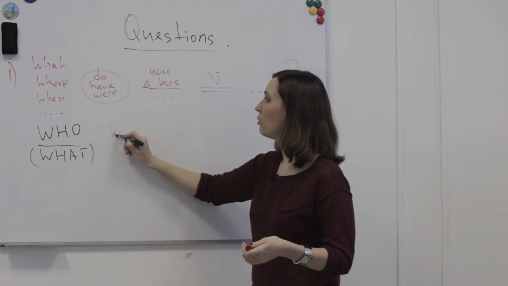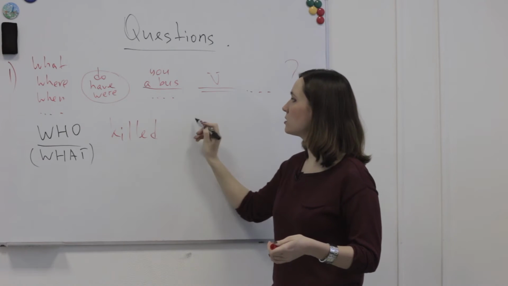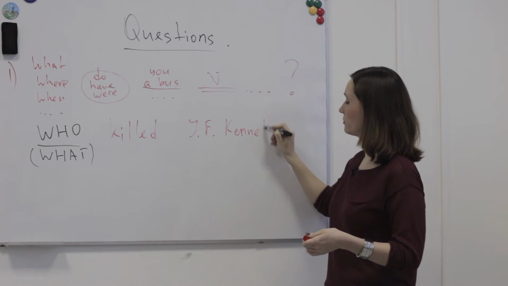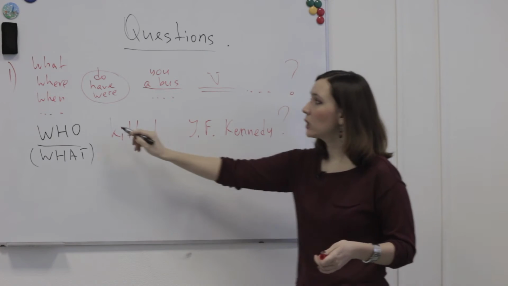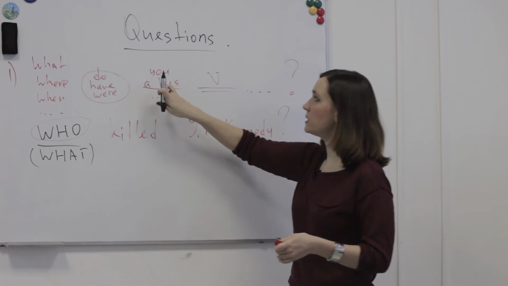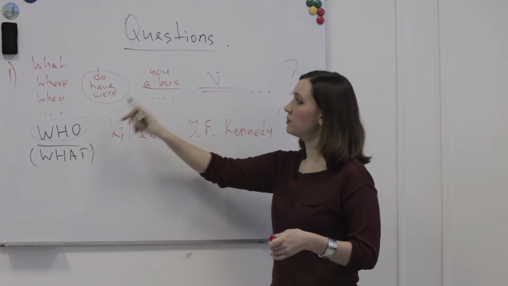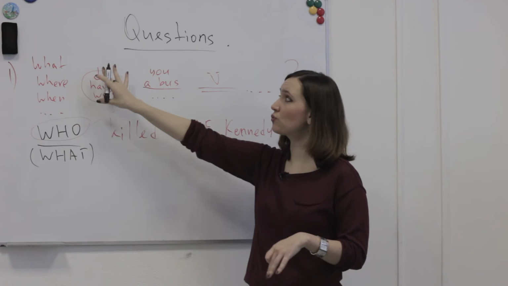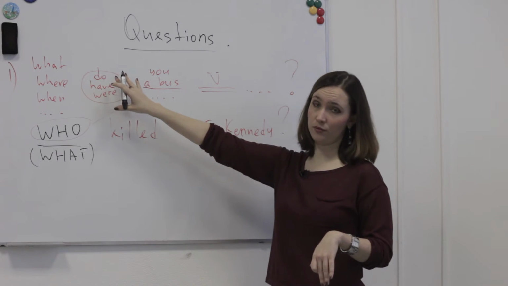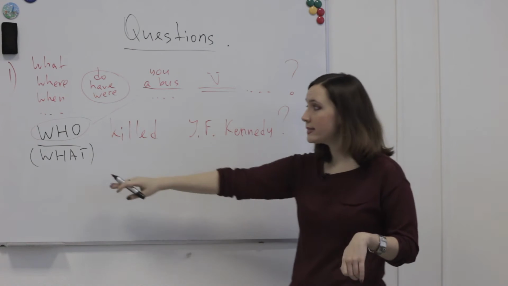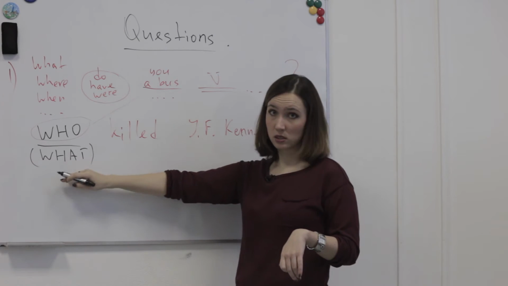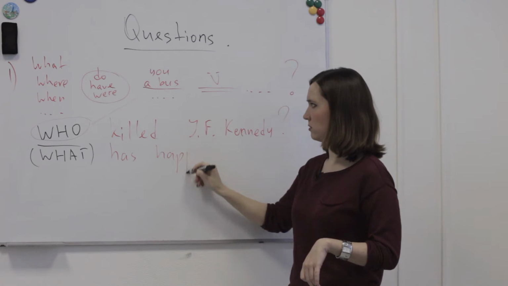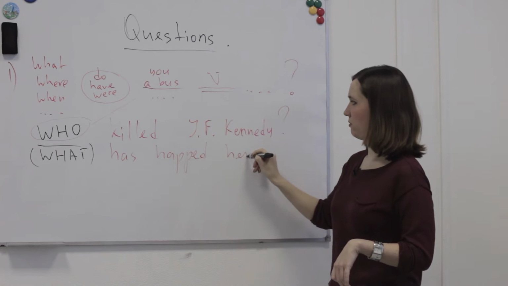So who killed J.F. Kennedy, for example? Because who is this part. It's the main subject of the sentence. In that case, this rule for the necessary auxiliary verb doesn't apply. The same thing if what is the subject. What has happened here?